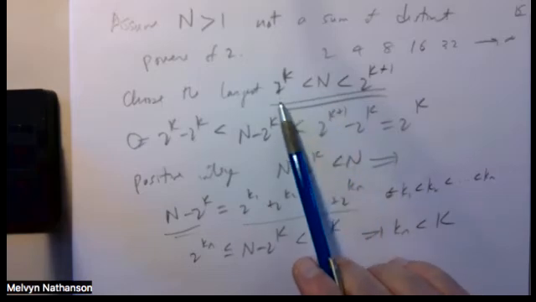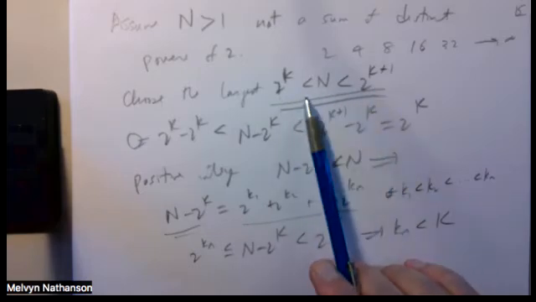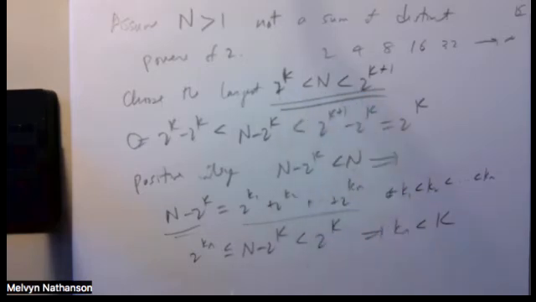So again, N is supposed to be the smallest positive integer not a sum of powers of 2. And I choose K so N is between these consecutive powers of 2, between 2 to the K and 2 to the K plus 1.